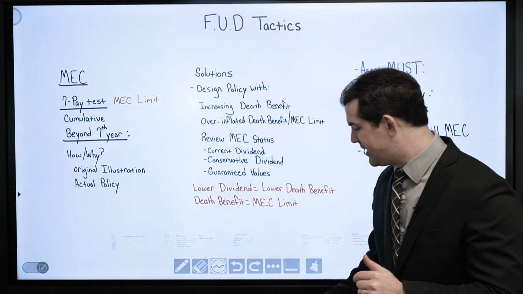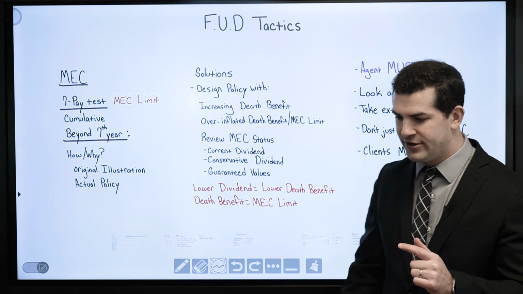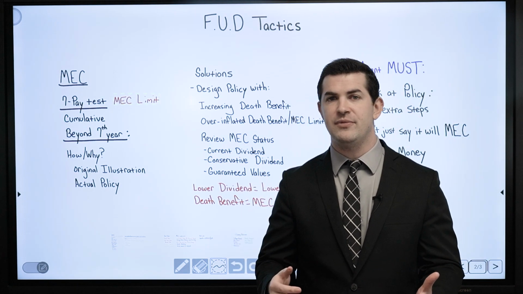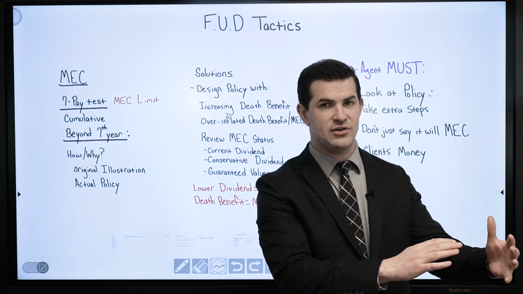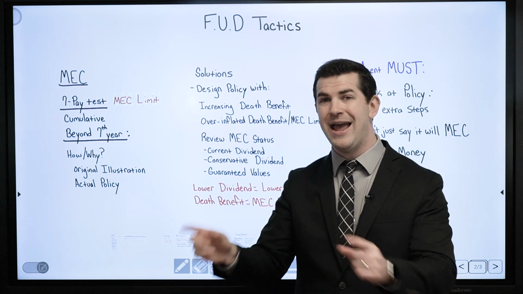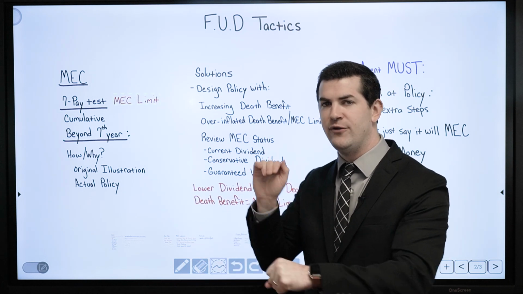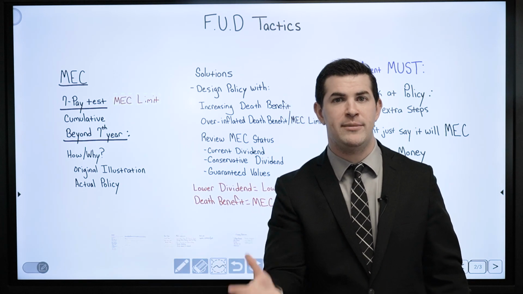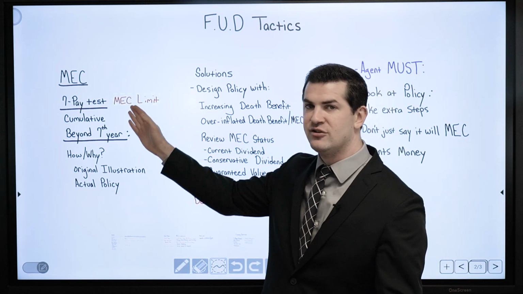The MEC limit is exactly what it sounds like. It is a limit that is enforced by the IRS that determines how much money I can pay into a policy per year and still have the IRS view my policy as life insurance, and then I get the tax favorable treatment on my cash value and not this MEC.